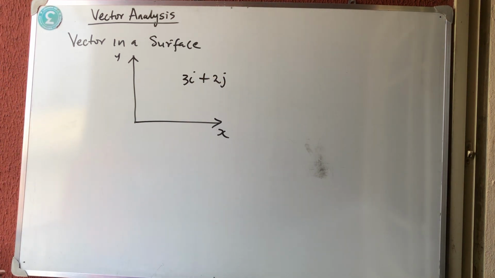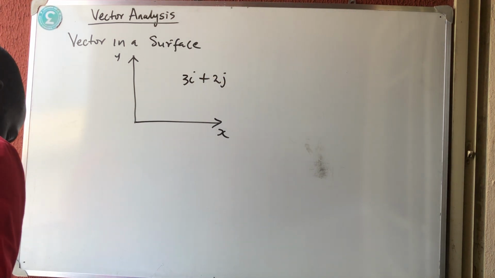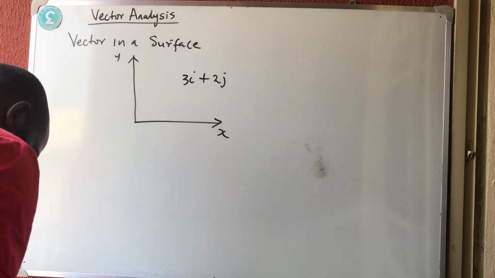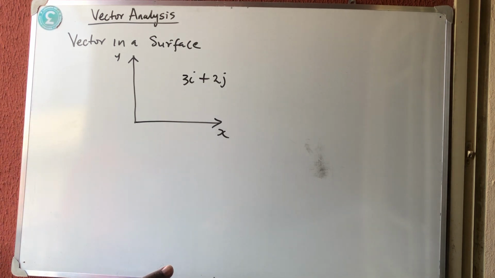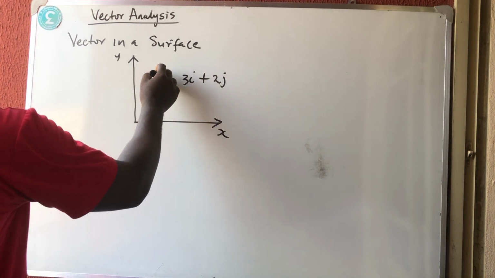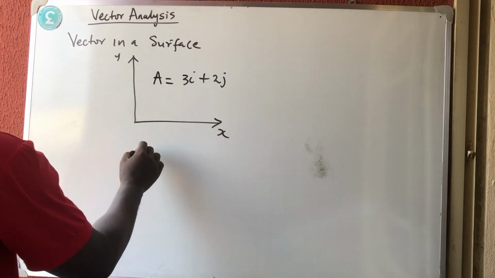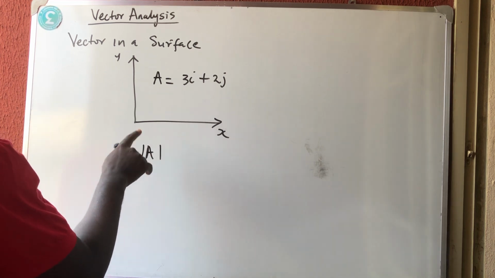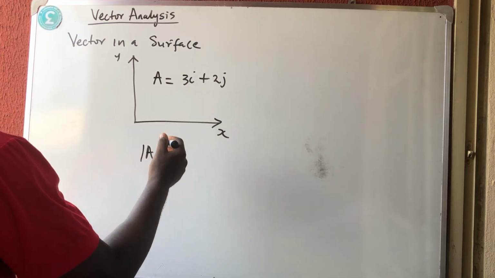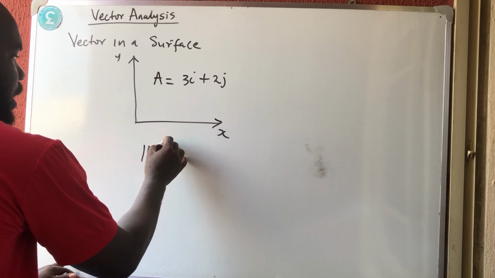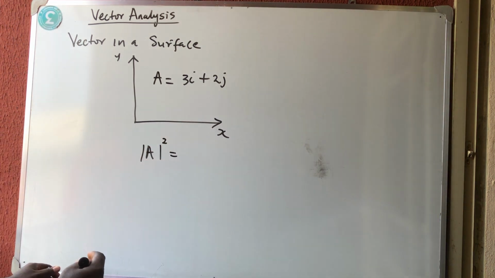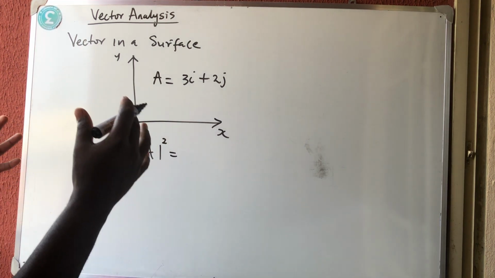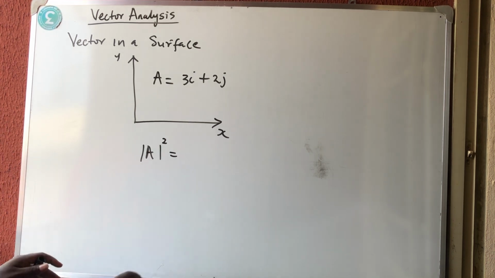Okay. So the next one we're going to talk about is that we can get the magnitude of a vector in a surface. Let me say that this vector a is equal to this. The size or the magnitude of this vector: a squared is equal to... Whenever you hear magnitude or unit of a vector, remember Pythagoras theorem.